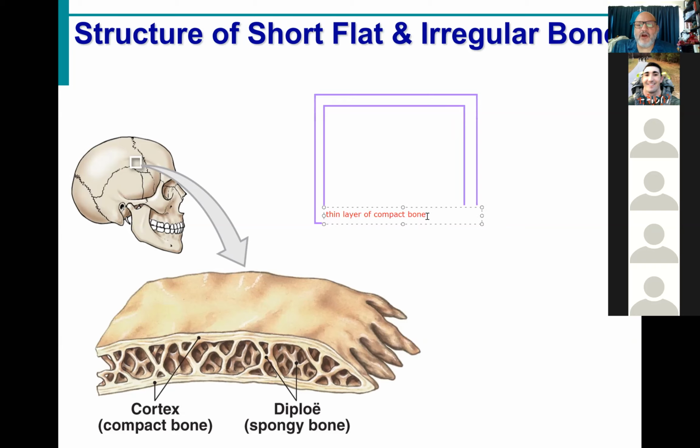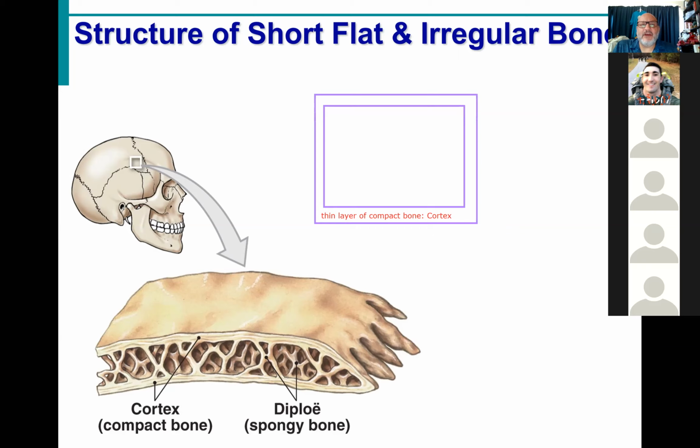And because it's on the outside, as we learned when we were talking about the hair, we refer to it as the cortex. So remember, we had a medulla and a cortex in our hair. Here in bones, we have a medulla and a cortex. They're just in different types of bones. The long bones have the medulla. The short bones, the flat bones, the irregular bones have the cortex.